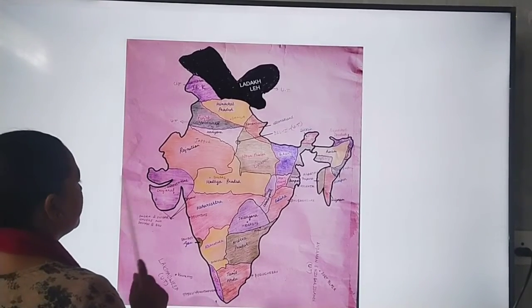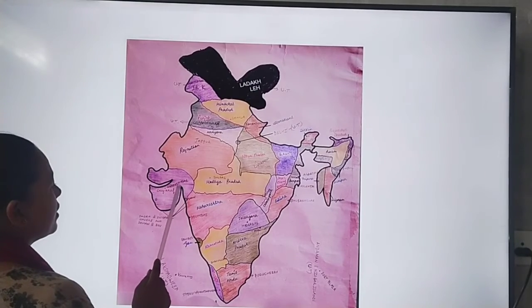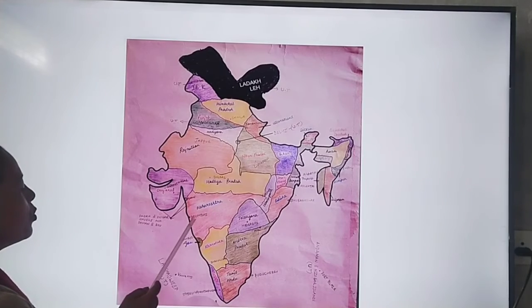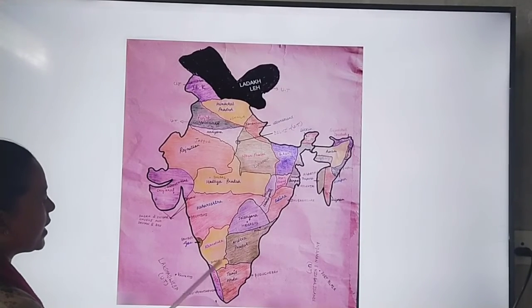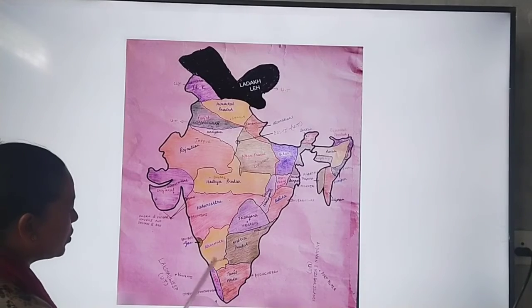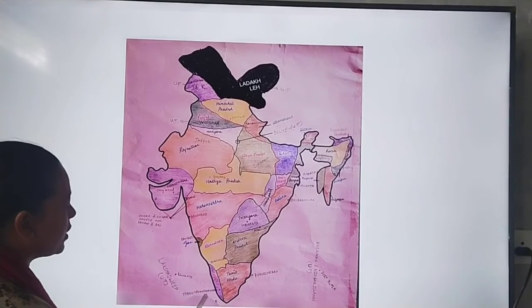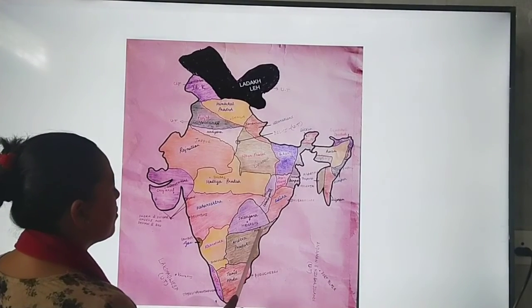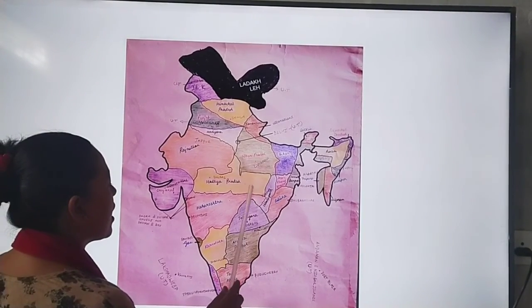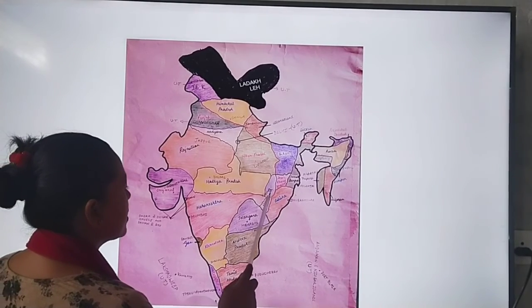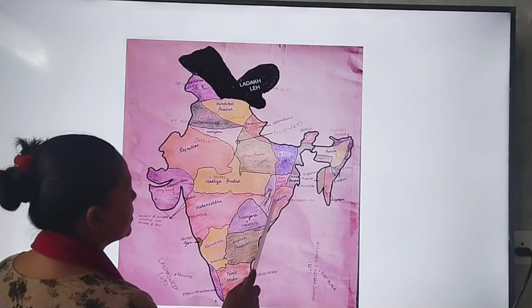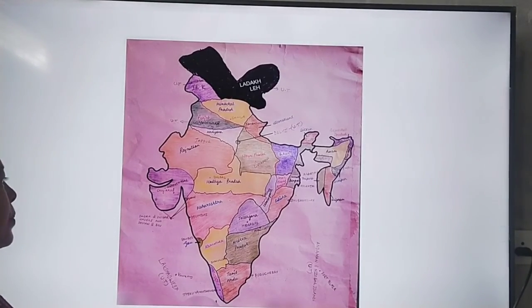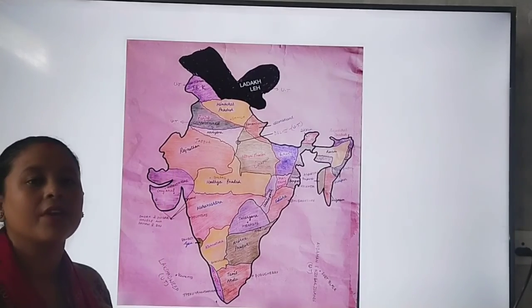Rajasthan, Jaipur, Gujarat, Gandhinagar, Madhya Pradesh, Bhopal, Maharashtra, Mumbai, Goa, Panaji, Karnataka, Bengaluru, Kerala, Thiruvananthapuram, Tamil Nadu, Chennai, Andhra Pradesh, Amaravati, Telangana, Hyderabad, Chhattisgarh, Raipur, Odisha, Bhubaneswar. Now these are our states and capitals and union territories of India.